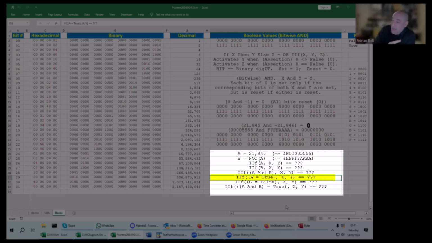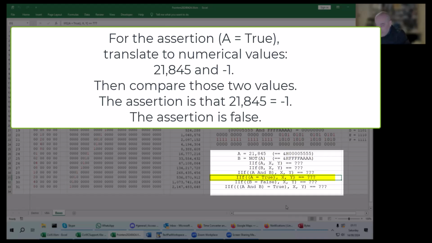That's not actually correct, but let's take it step by step. So the first thing we do is, is A equal true? Now, translate that into numerical values. So we're looking for, does 21845 equal -1? No, it doesn't equal all ones.